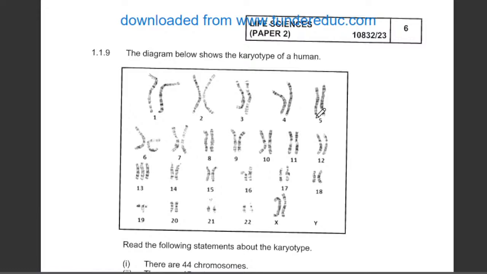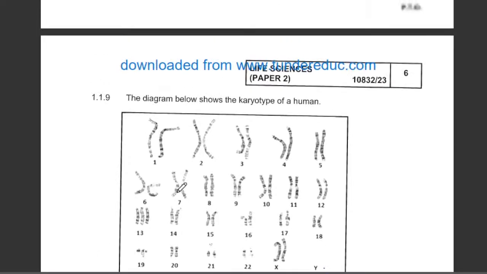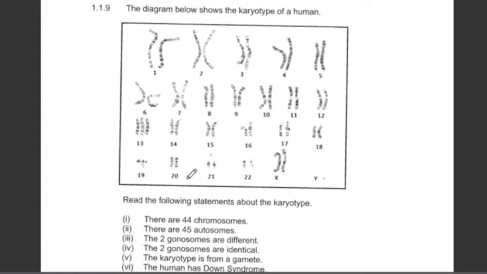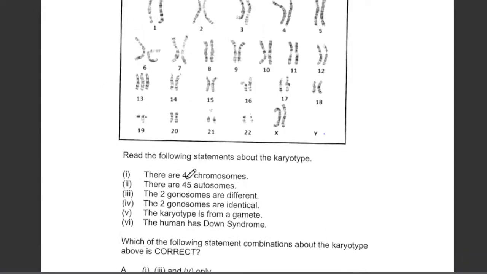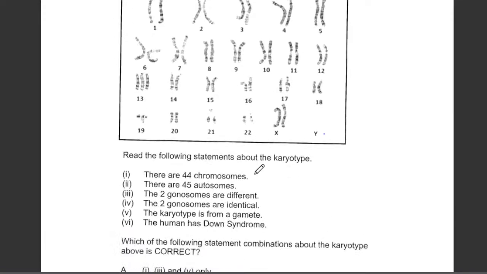This is a karyotype. So in the karyotype, what are they talking about? Read the following statements about this karyotype. Then they're saying something unique on this karyotype. 44 chromosomes. Are they 44 chromosomes?